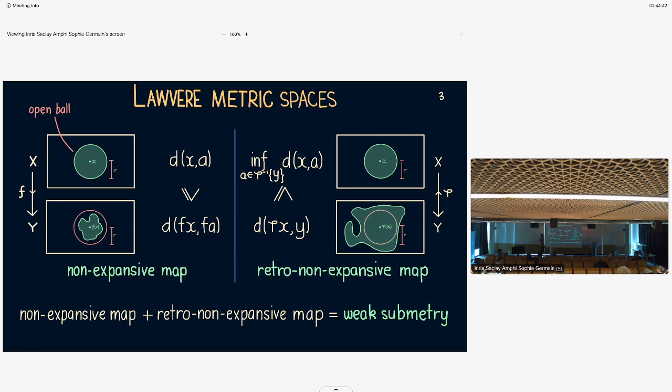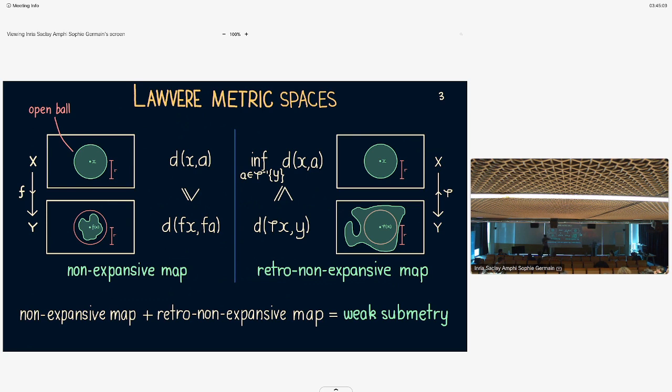And I guess the interesting thing here is if we take a non-expansive map and a retro non-expansive map, the only compatibility condition we need is that the maps are the same map. You don't need any additional compatibility conditions other than that.